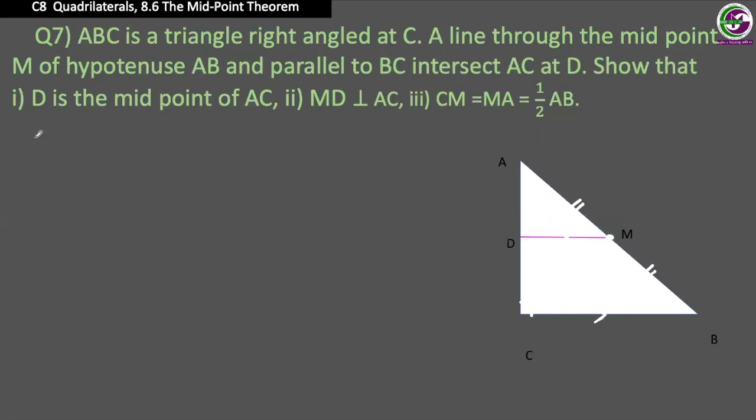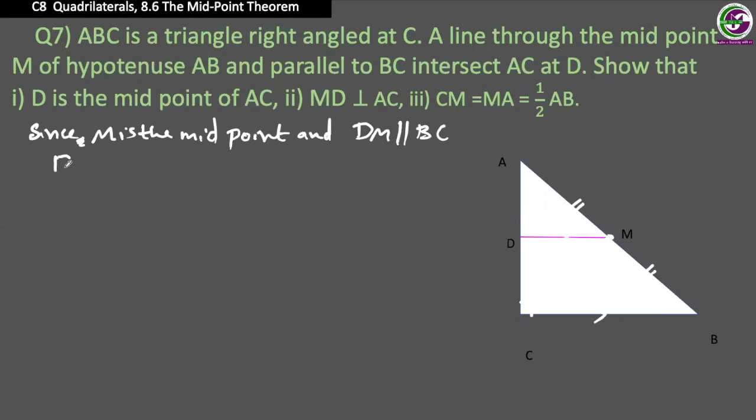So we can say that since M is the midpoint, and DM is parallel to BC, we can say that D is the midpoint by inverse midpoint theorem.